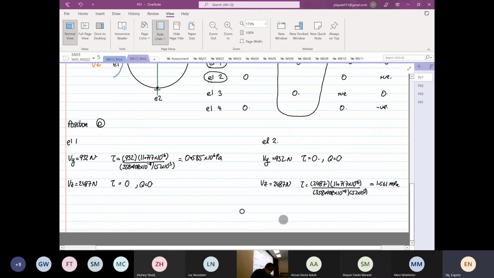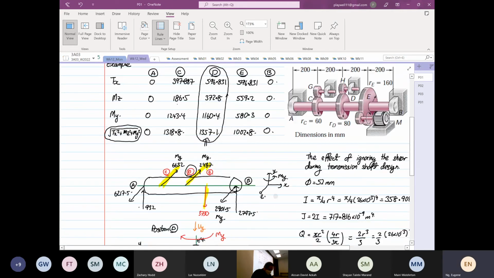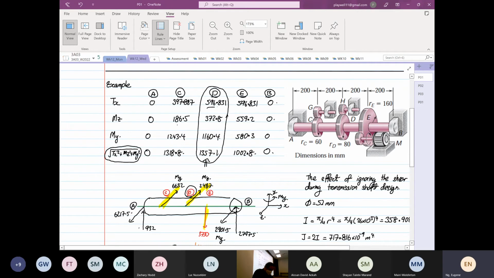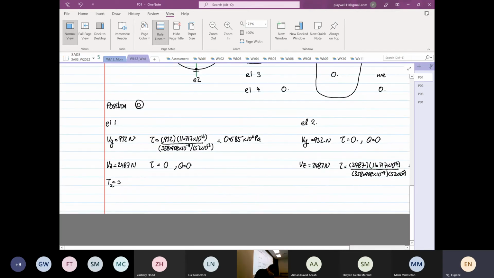And then we are going to look at the torque. The torque in the x direction we have calculated is 596.831 Newton meter.